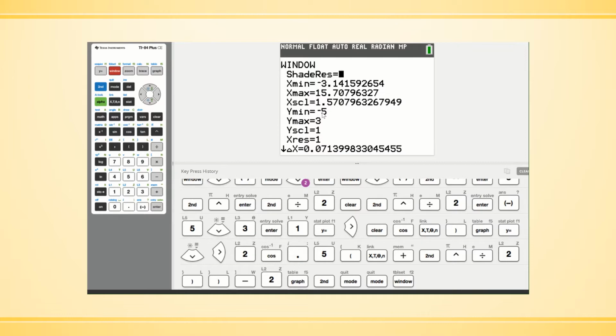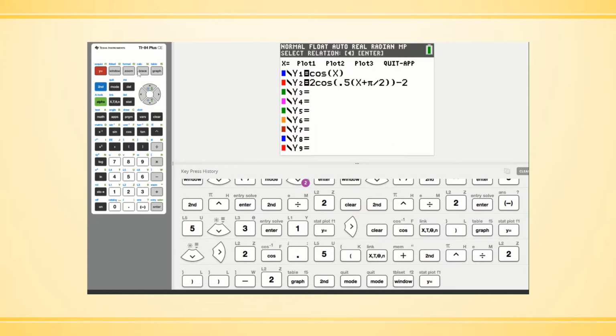We've got a vertical shift down of 2, so I want to build it with an amplitude of 2. So I'll set this as -5 and 3 with a scale of 1. And you can see here that I entered the parent equation, and then the transformation.